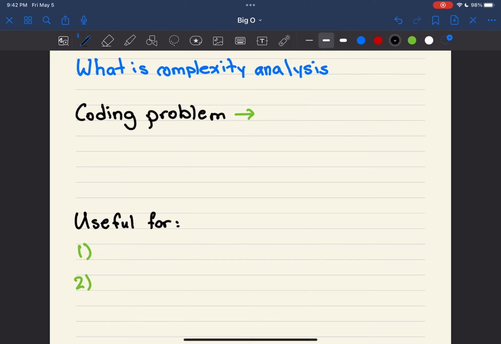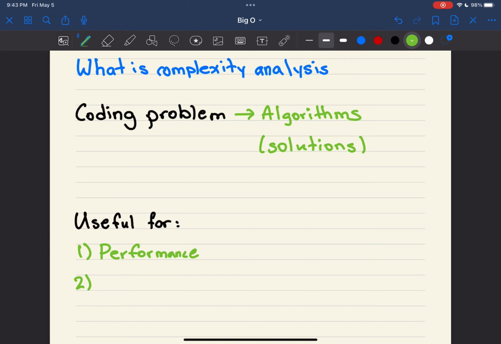A coding problem may have multiple solutions or different algorithms that could be used to solve that problem. We use complexity analysis to evaluate the performance of an algorithm.